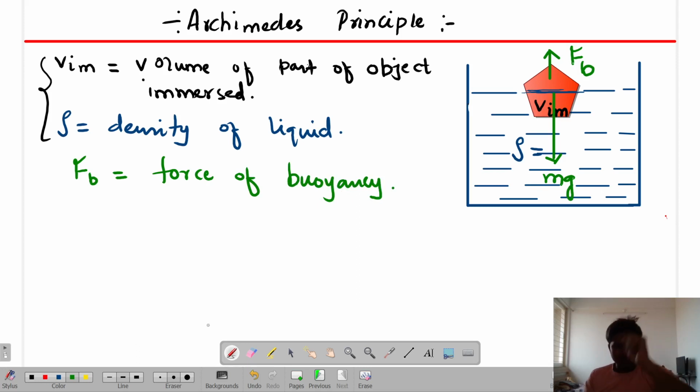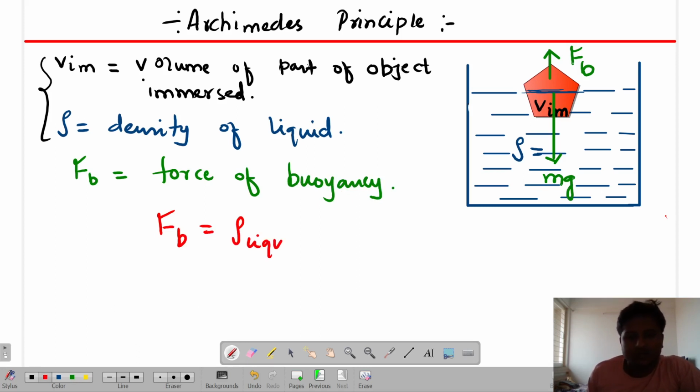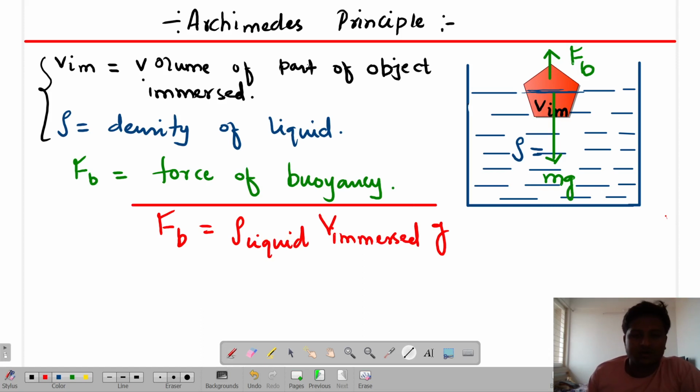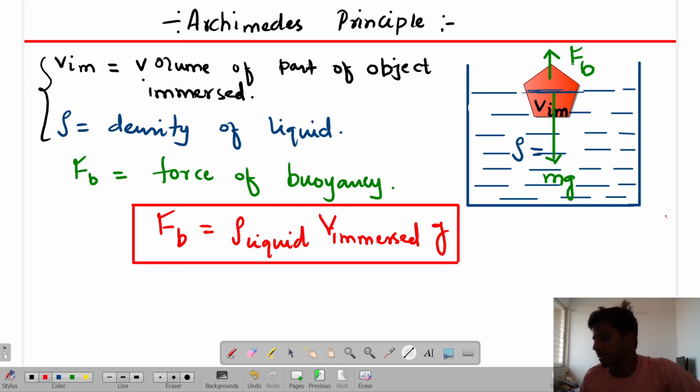Are you able to get me or not? And then he told that this force of buoyancy is nothing but rho, the density of the liquid, into not the full volume but the volume which is immersed inside the liquid, into gravity g. And this is called Archimedes principle. Is that clear or not?